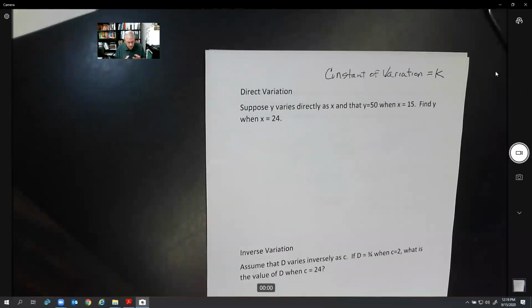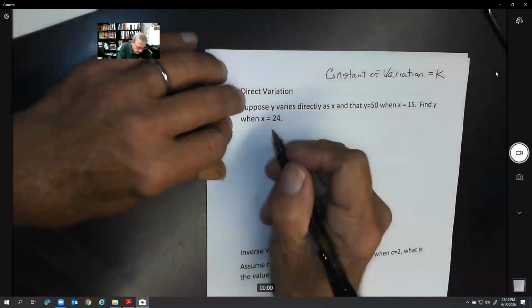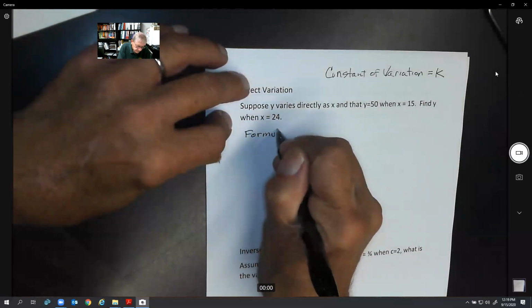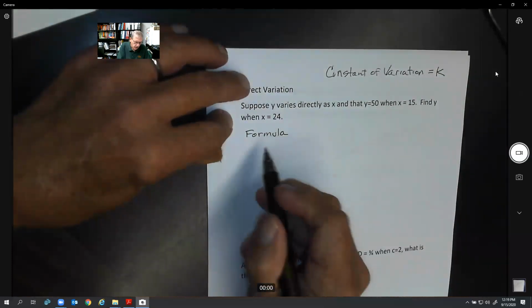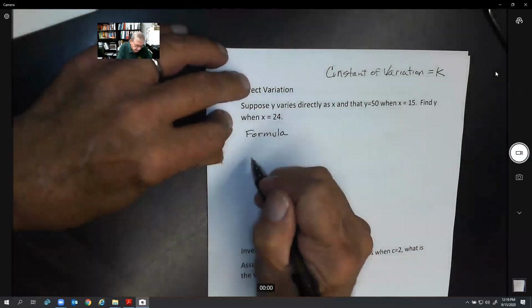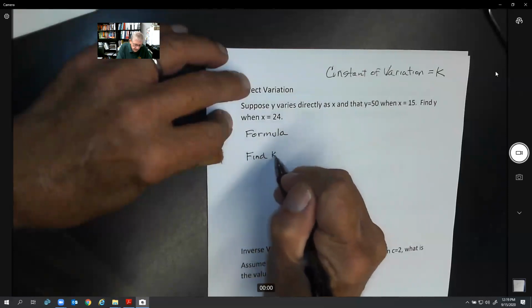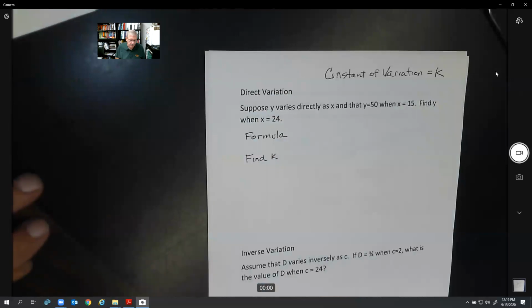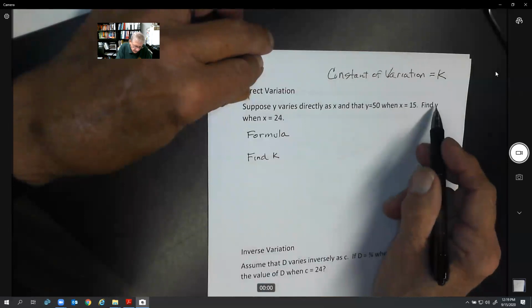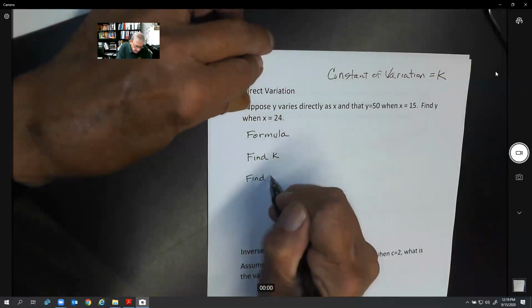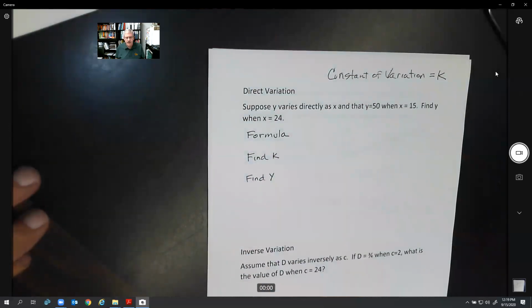So there's three parts to writing this. Number one, we're going to write a formula. Number two, we're going to substitute into this formula and find K. And then number three, we're going to try to find the unknown that we're looking for. In this case, find Y. That's what we're going to do. So we have to write a formula first, find K, and then find Y.